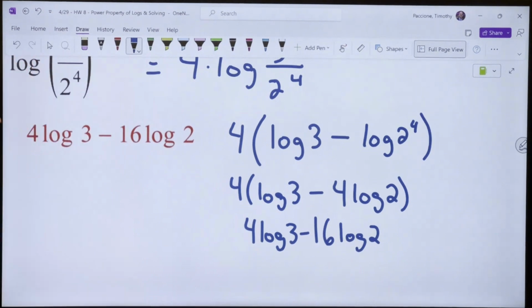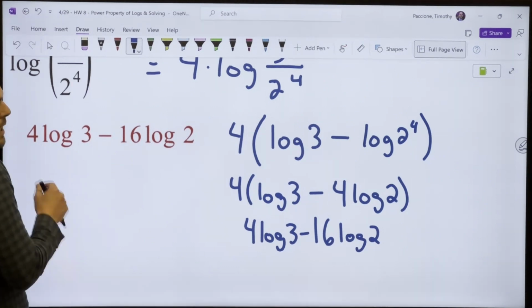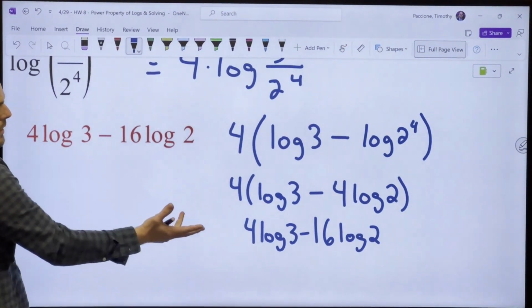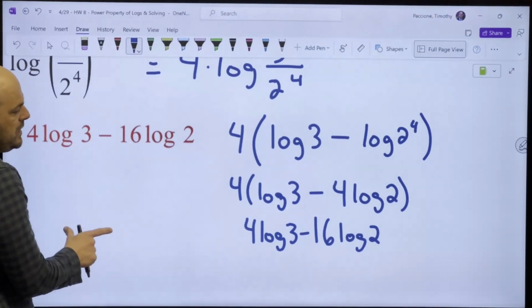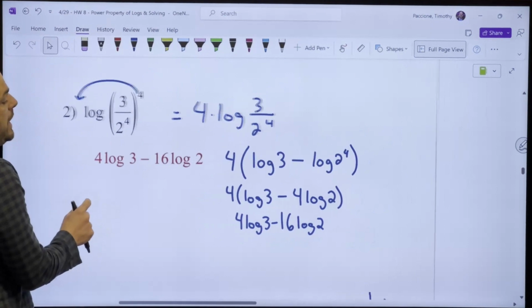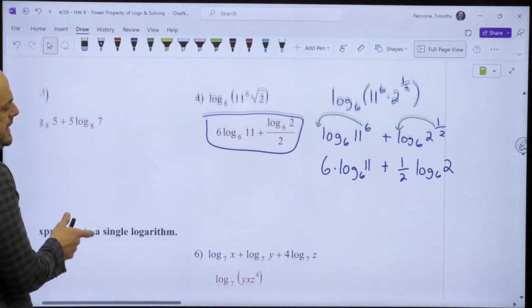And that was your answer. You could simplify it even further if you factored out a 4, but the answer key did not, because it said expand. Okay, let's move on to condense.